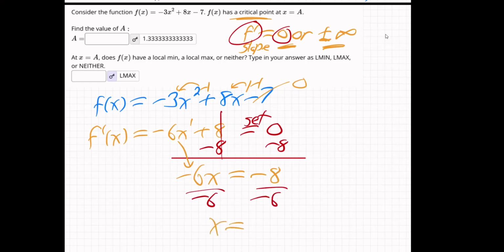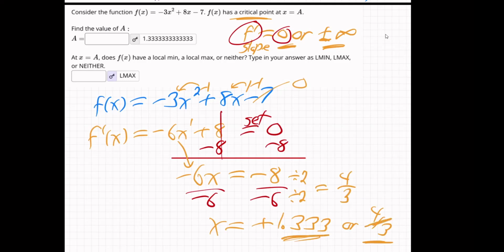So x equals, two negatives make a positive, hit the buttons on your calculator, and you'll get 1.333, or you could just say 4/3. Because you divide by 2 on top and bottom, get rid of the negatives, it's 4/3. You could either put that in or 4/3, either one is good.